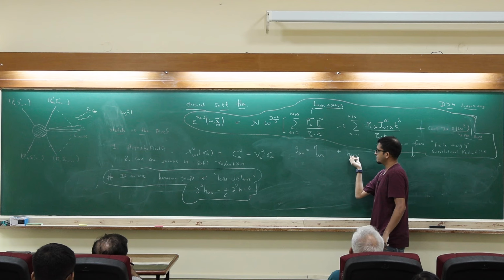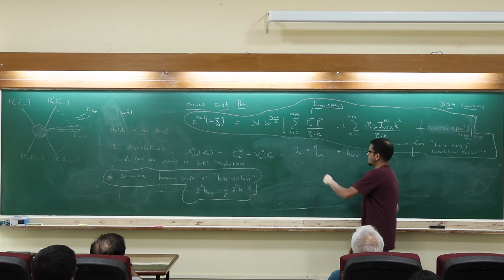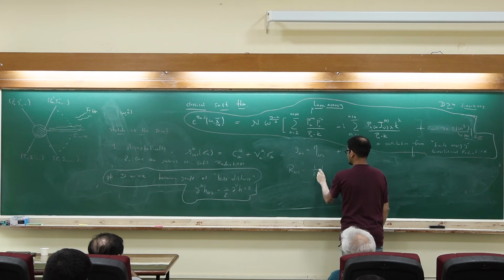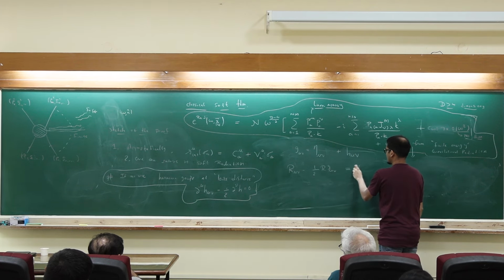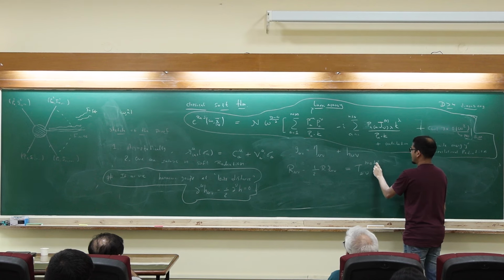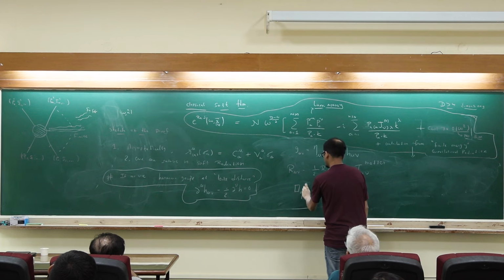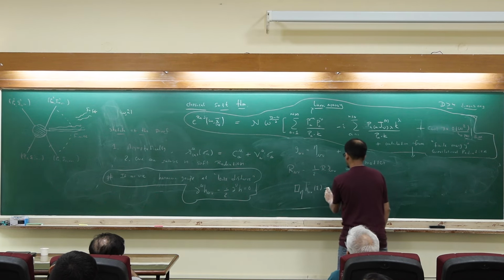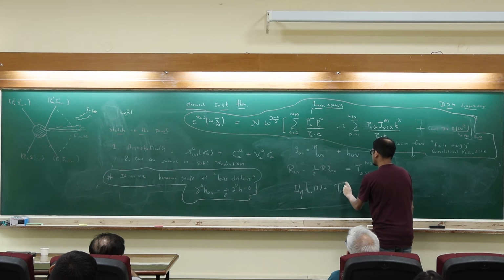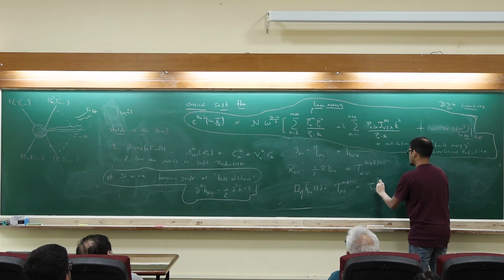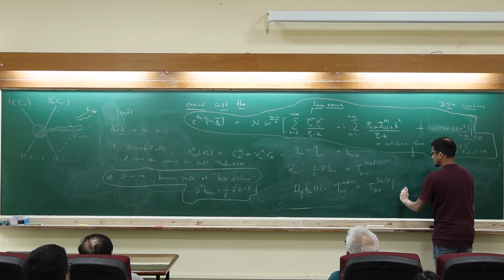But H is not small, so we have to write the full Einstein's equation in terms of H. We can always write the exact Einstein's equation in the following form, which is a function of H.